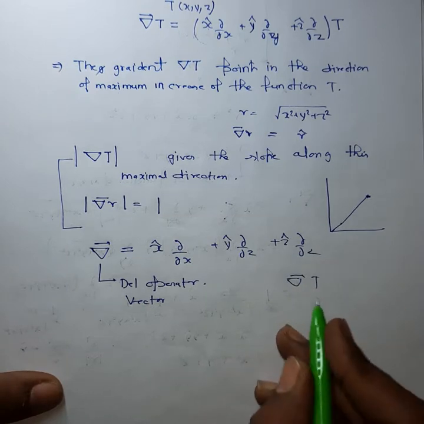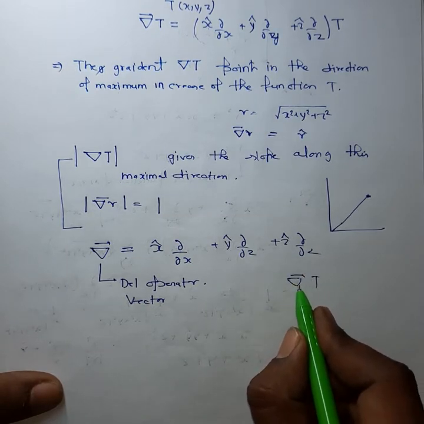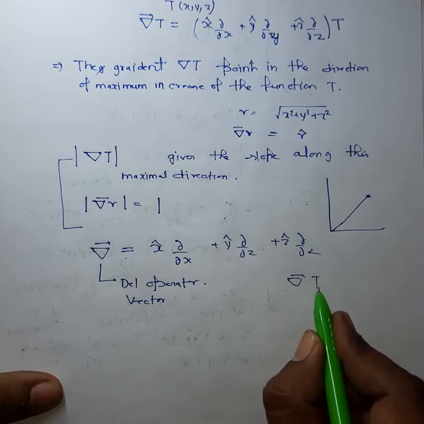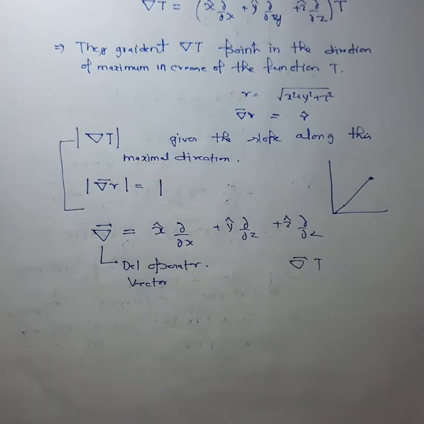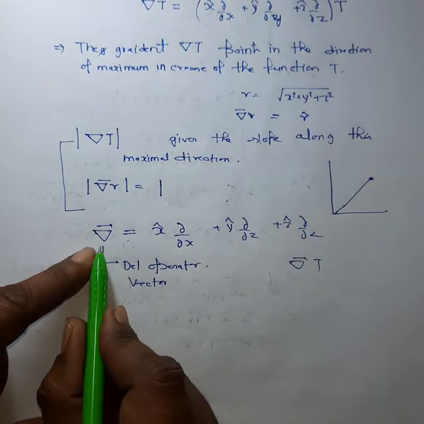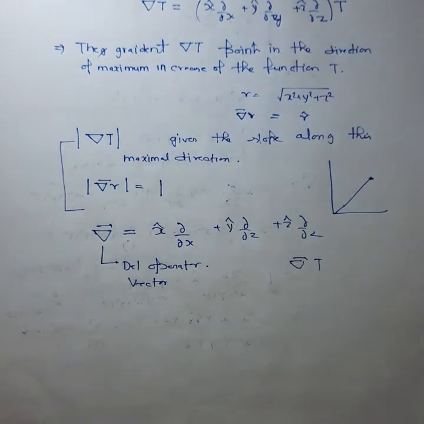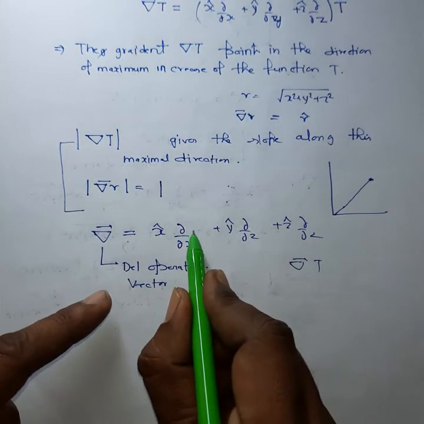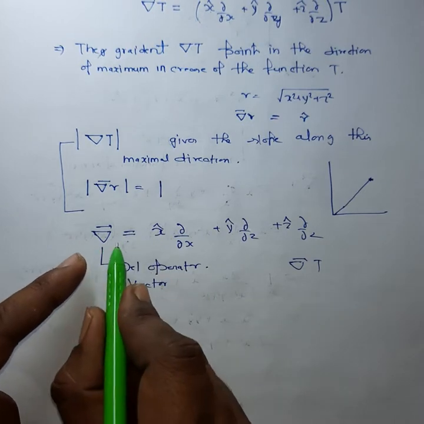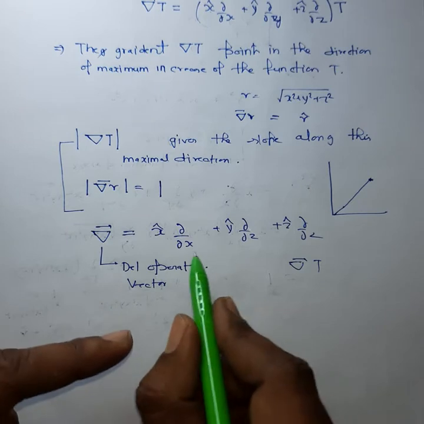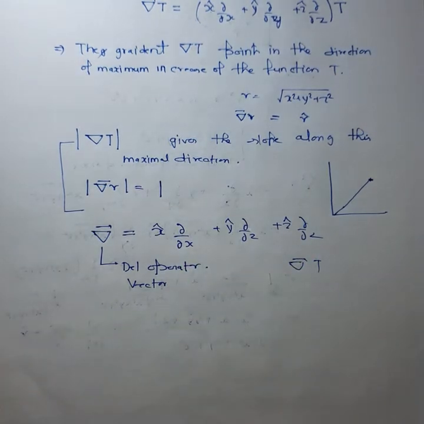It is not just multiplication of del and t. It operates means it takes the derivative, the vector derivative, of this t. Now I think that the definition of del is very clear to you. So when you operate it on some function, it is not only a dot product or cross product, it also takes the derivatives along that direction.